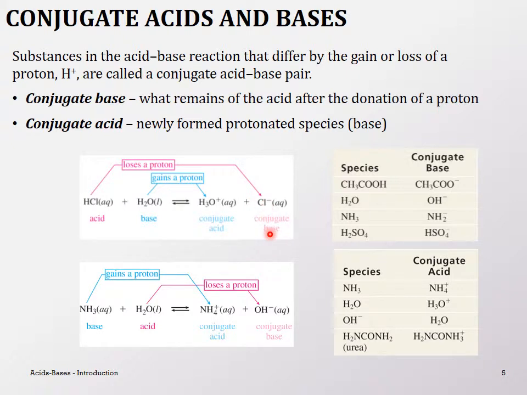The water, which was the base in this reaction, because obviously hydrochloric acid is the acid, ends up gaining a proton. If it gains a proton, suddenly it starts looking like an acid, which we know hydronium ion is. So this conjugate acid is going to be on the right hand side, and it is formed as a product. So acid-base reactions will give you conjugate acids and conjugate bases.